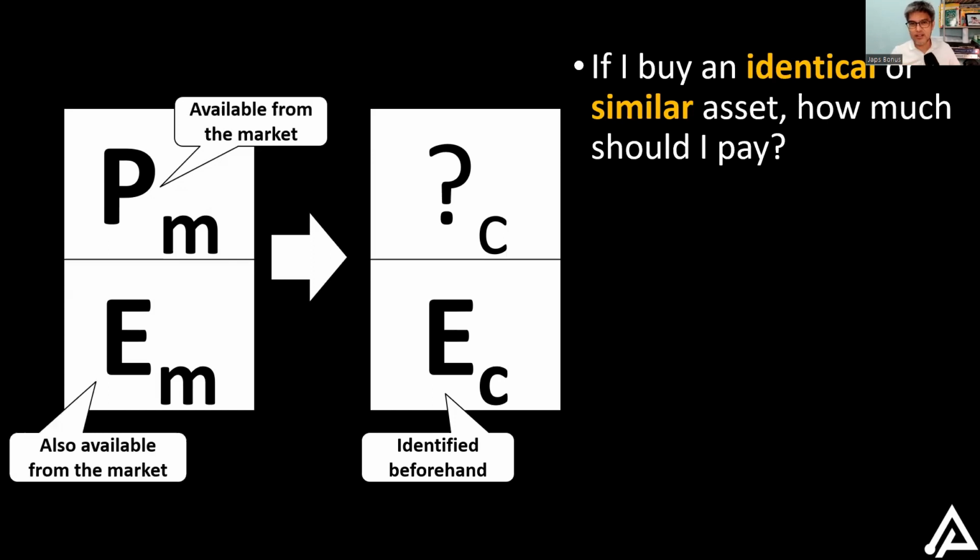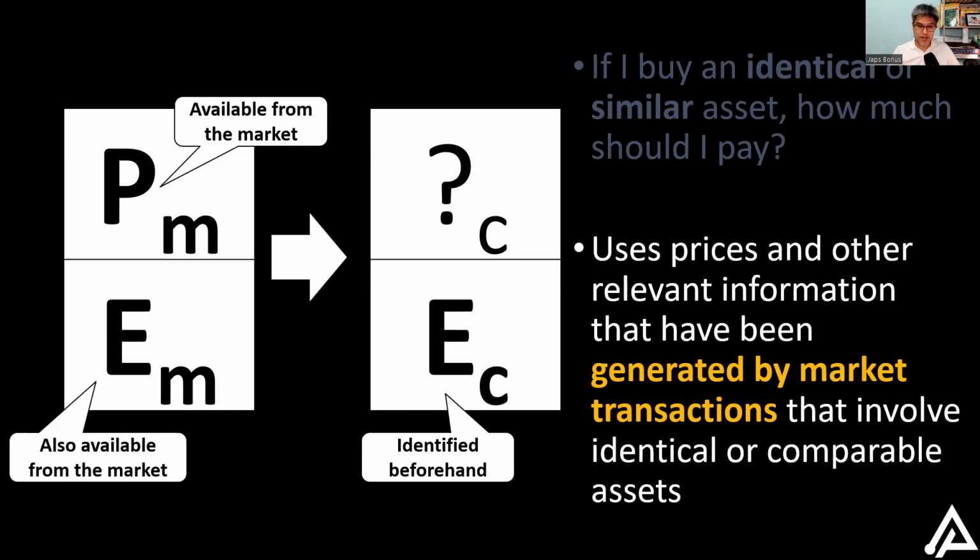And the market approach answers the question, if I buy an identical or similar asset, how much should I pay? Or if I sell an identical asset, how much is the price that I could get? It uses prices and other relevant information that have been generated by market transactions available from and observable from the market that involve identical or comparable assets.